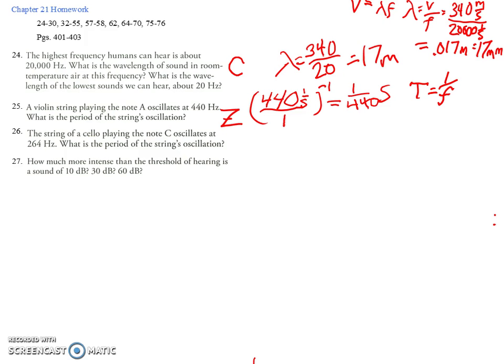Again, for 26, the string of a cello playing note C oscillates at 264 hertz. What's the period? So this period is equal to 1 over the frequency.